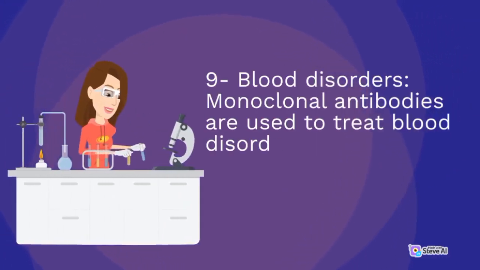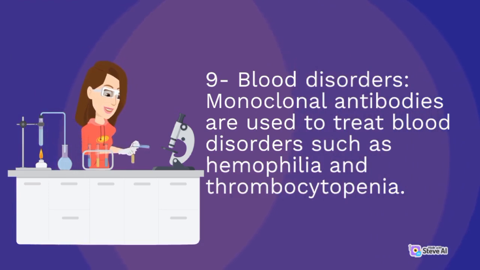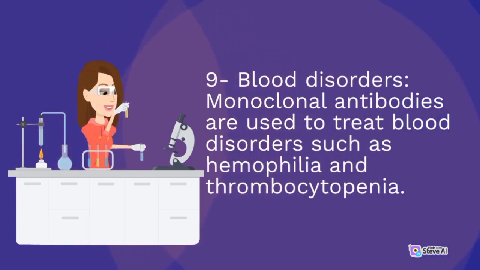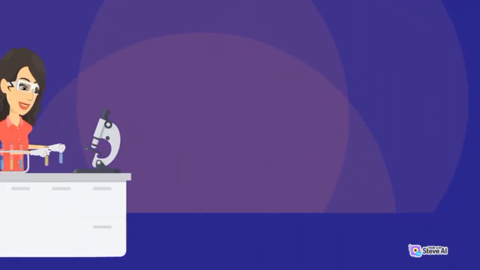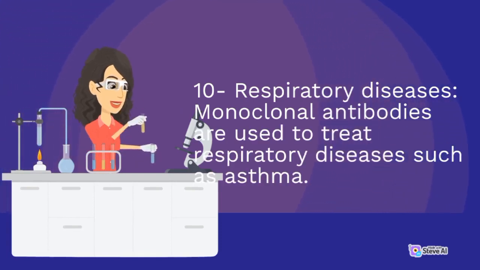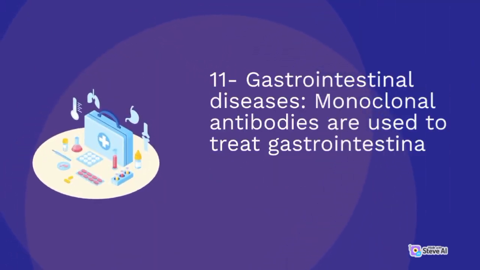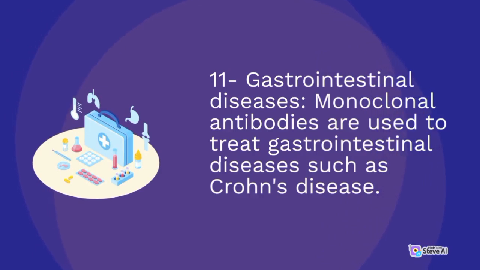Blood disorders. Monoclonal antibodies are used to treat blood disorders such as hemophilia and thrombocytopenia. 10. Respiratory diseases. Monoclonal antibodies are used to treat respiratory diseases such as asthma. 11. Gastrointestinal diseases. Monoclonal antibodies are used to treat gastrointestinal diseases such as Crohn's disease.